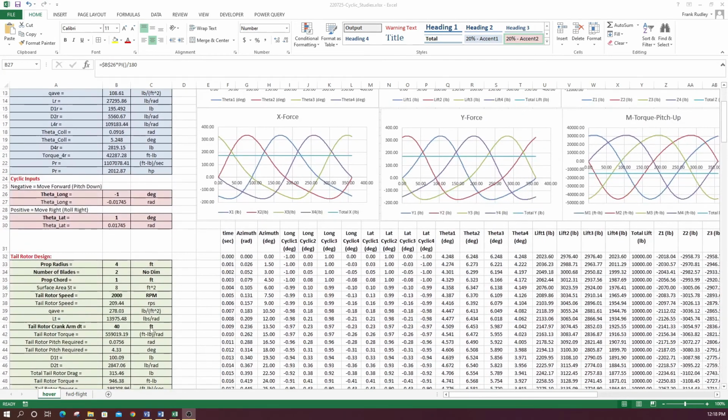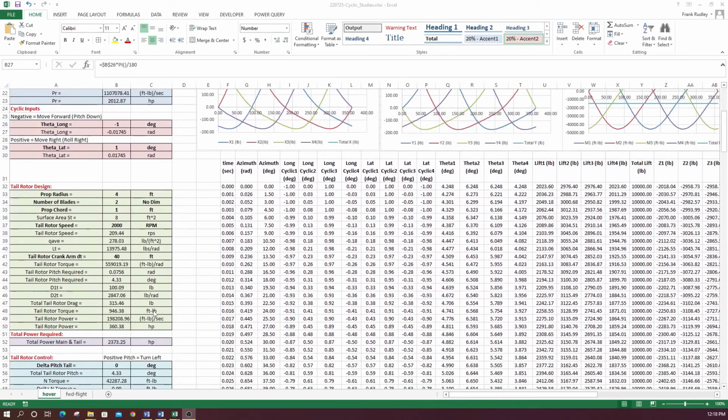So what I also have in here is the tail rotor design now. These are the inputs. I have a prop radius of 4 feet, so the diameter of the tail rotor would be 8 feet. I only have a 2-bladed tail rotor here with a 1-foot chord.